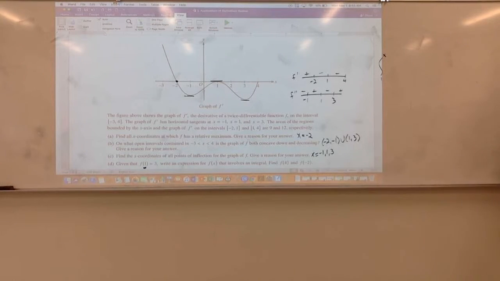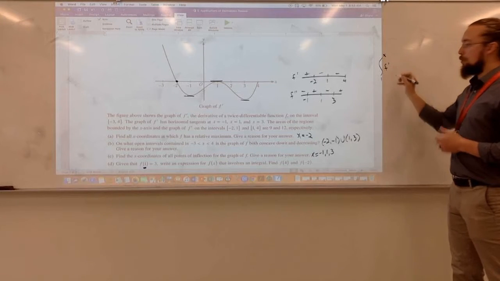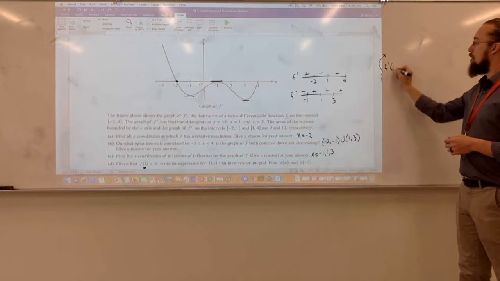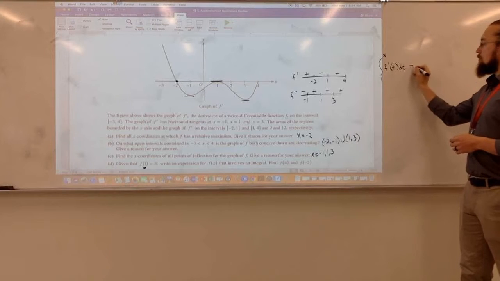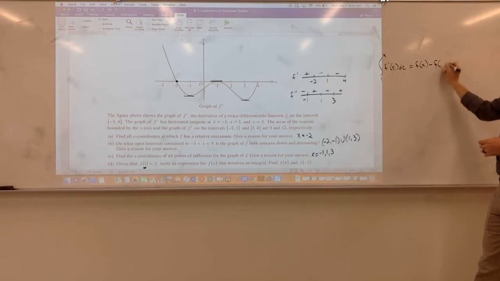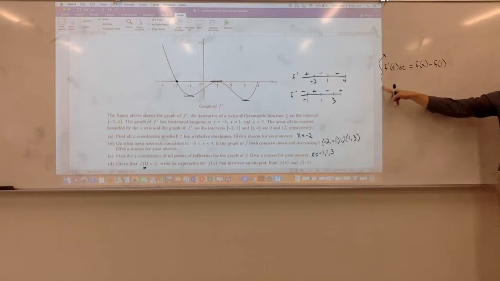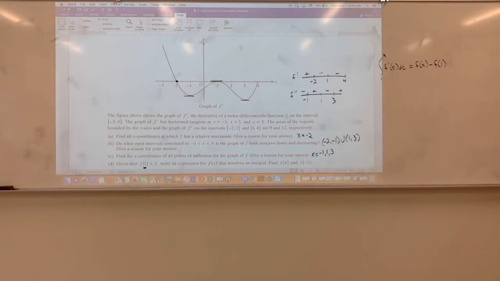So my other bound would be x in this case. So I want to integrate the derivative. So this would just be f of x minus f of 1, the antiderivative of the top bound minus the antiderivative of the bottom bound.